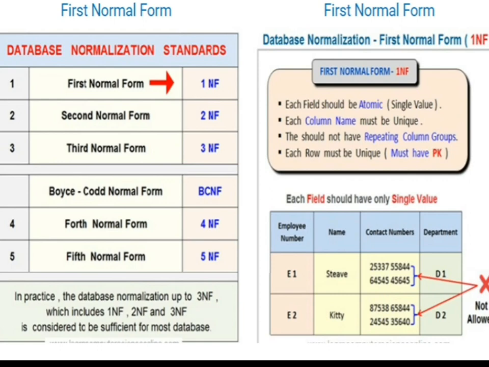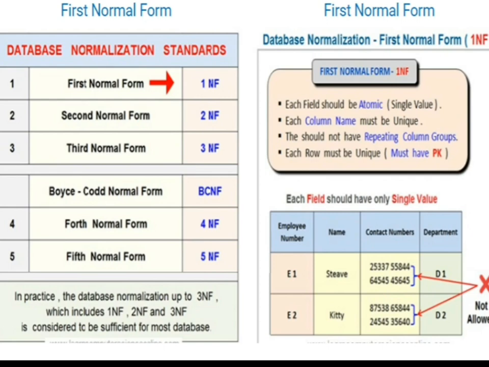We already discussed what is a primary key and what is a foreign key. A primary key is a key which we use for unique identification in a table. In every table, we have only one primary key, which is used to identify the table uniquely.